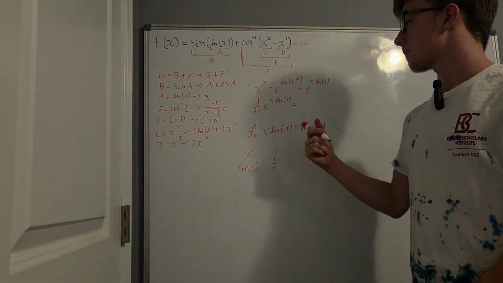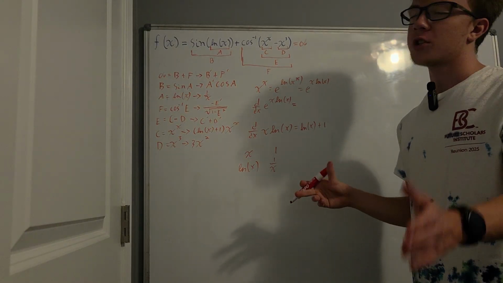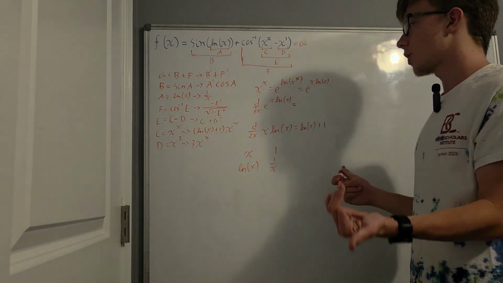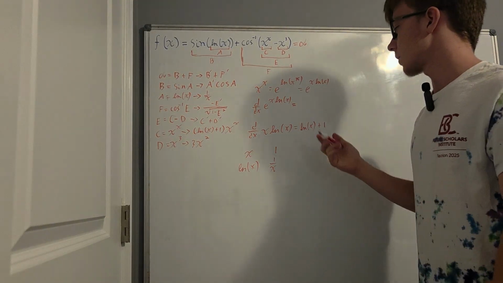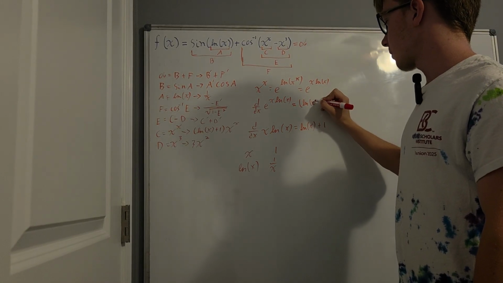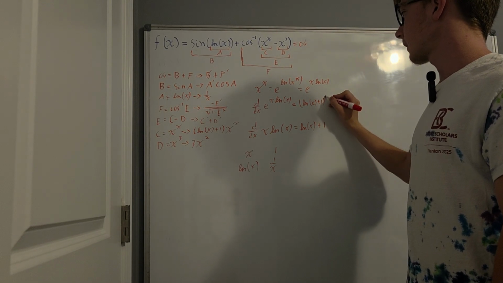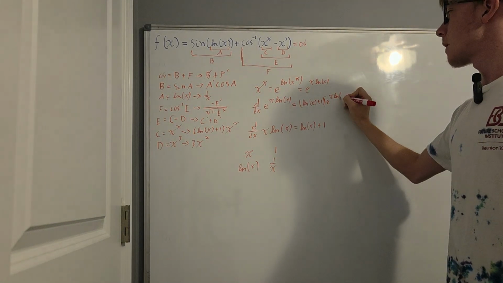However, that's something to note. It means x can't be equal to 0, which also makes sense because the natural log cannot be evaluated at 0. So here we're looking at ln of x plus 1, that's our f prime of x. And then we're left with e to the x ln x.